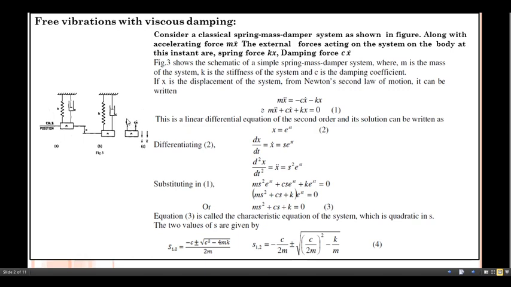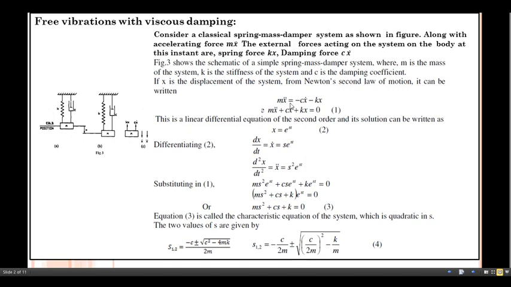And kx is the spring force and cx dot is the damping force. Both forces act in the upward direction, so we give the minus sign. As per Newton's second law of motion, accelerating force equals the summation of external forces. In this way we can develop the differential equation.